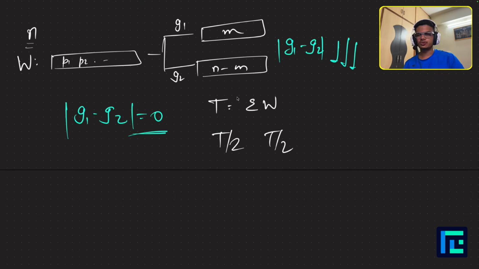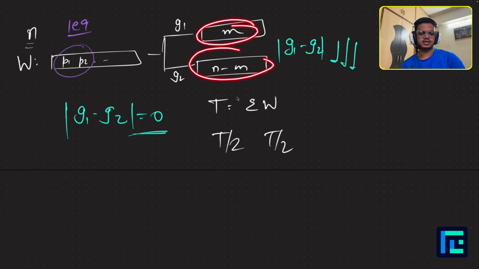But of course this won't always be possible, because the elements can be anything, p values can be as high as 1 to 1e9. But if you want the difference between sums of weights to be as small as possible, you will have to make sure that these weights are as close as possible to t by 2. Fine, that's the question.